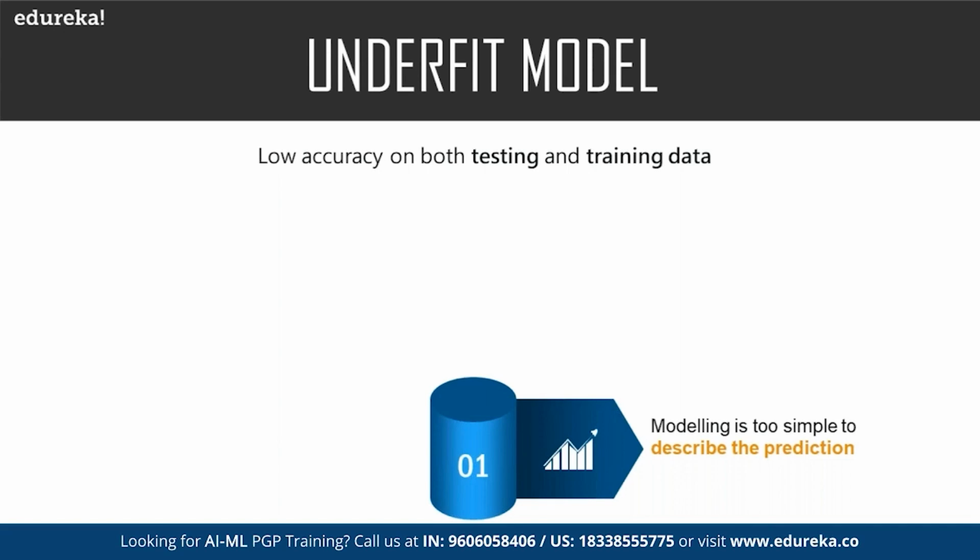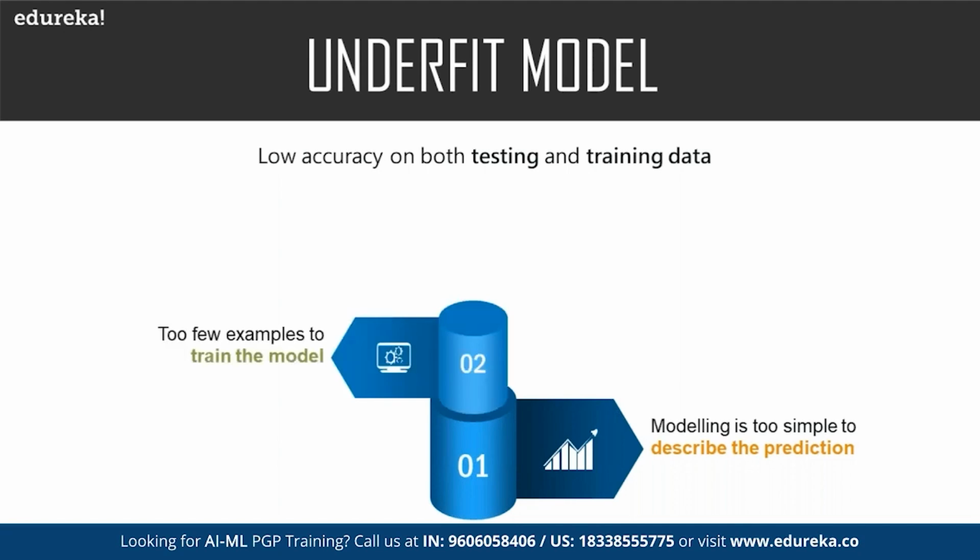Not just on the training data, but also on the testing data, we get lower accuracy, because we did not choose the right data set to be used for evaluating the model. If you ask what data set we need to use for model evaluation, we'll see that in the following slides. So here again, too few examples to train the model, which means the examples are nothing but the samples, the data.